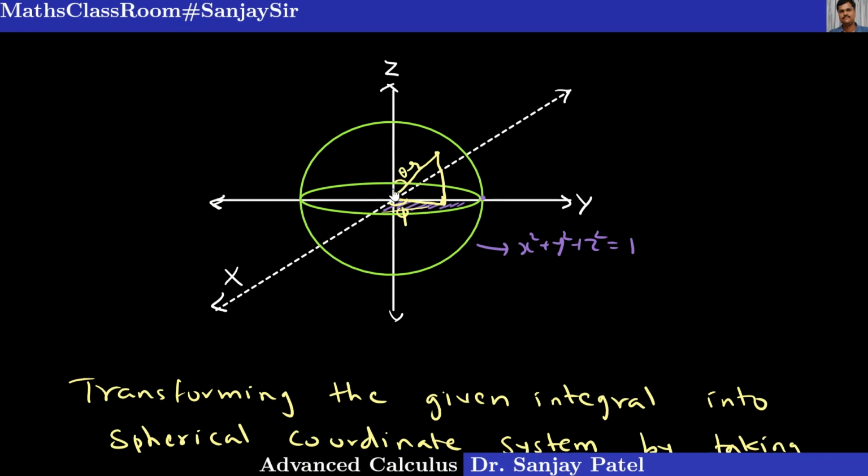In the first octant, theta varies from 0 to pi by 2, and the angle phi also varies from 0 to pi by 2.